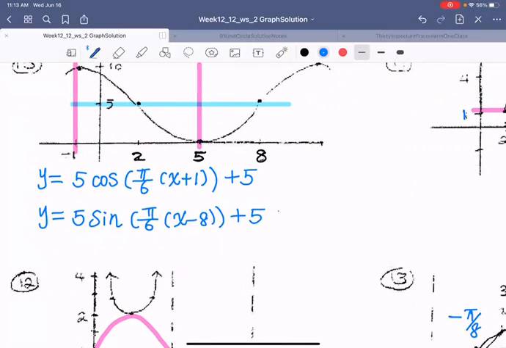We will manipulate the formulas that we have learned in the last class.